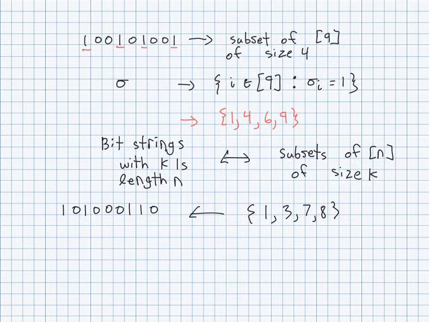So this subset identifying where the 1s occur uniquely defines the string. And thus we do see that the number of bit strings with k ones of length n has to be equal to the number of subsets.